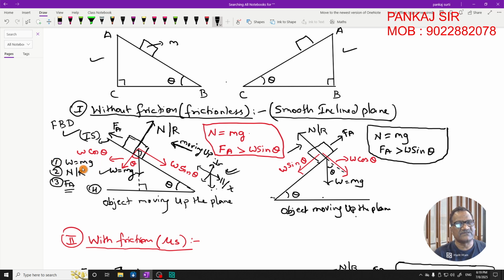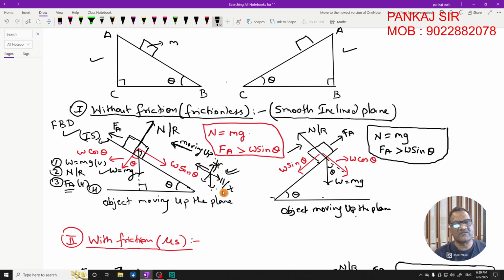Fa is along the parallel, mg is along this, and the normal force is along the perpendicular. So these are horizontal and vertical respectively, but this mg force is neither horizontal nor vertical.